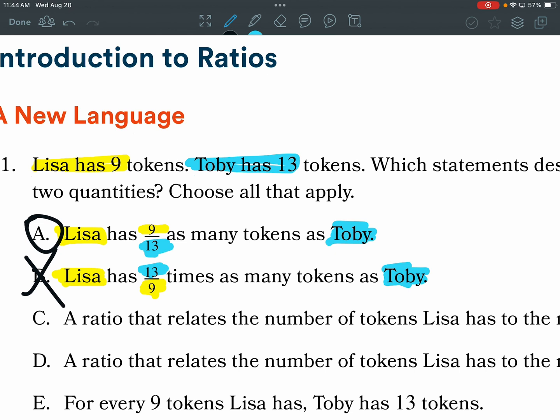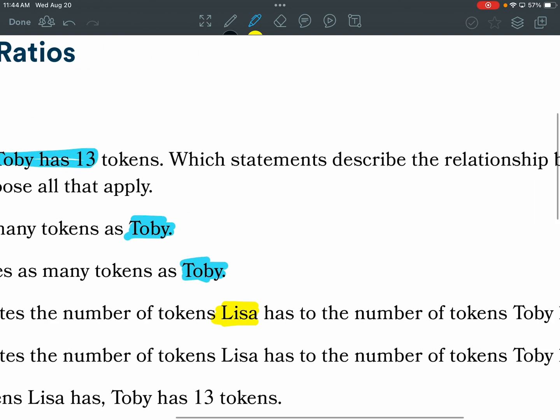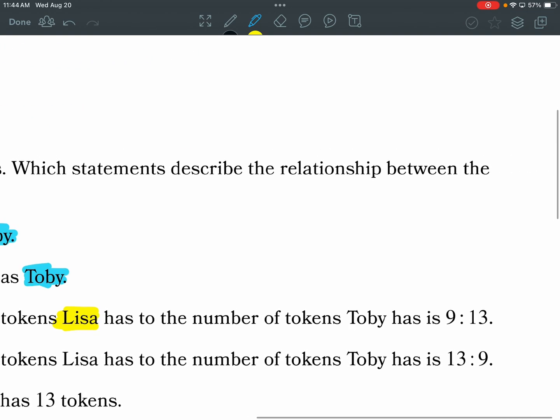Okay, they have a ratio that relates the number of tokens. Lisa, so here's Lisa. And I'm going to skip over and find the first number. To the number of Toby, and the second number is 13.